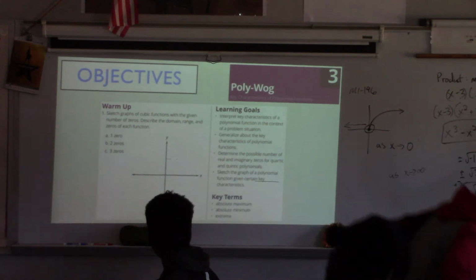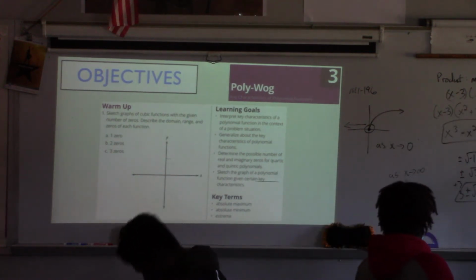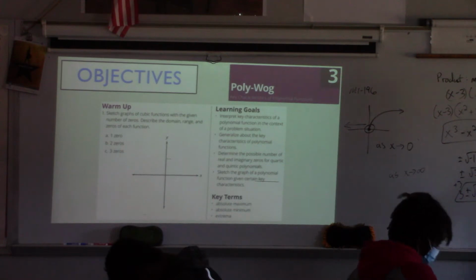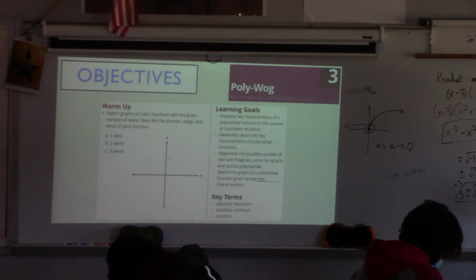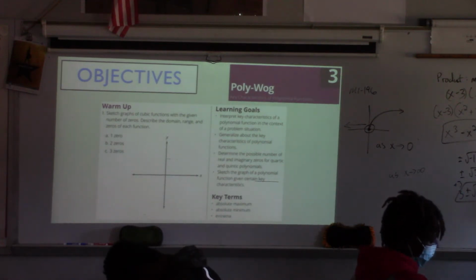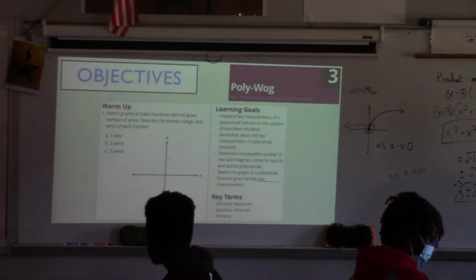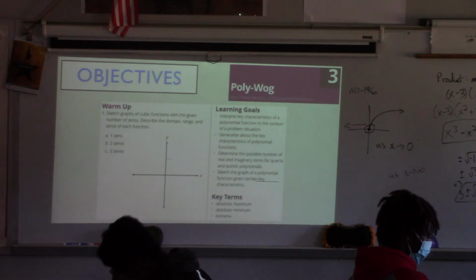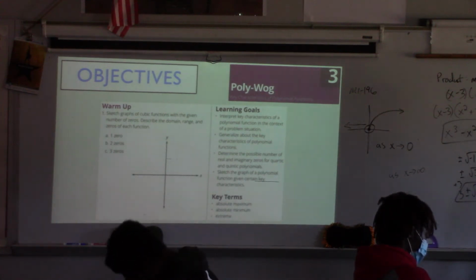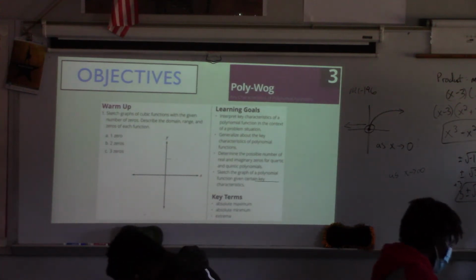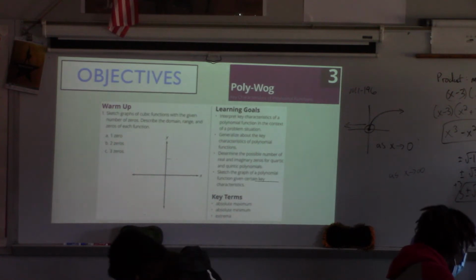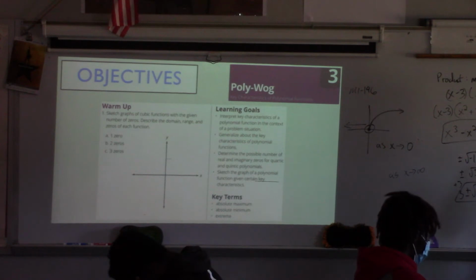Degree, roots, which are also called zeros, which if it's on the x-axis, we would call it an x-intercept, right? So we want to talk about the degree, x-intercepts, multiplicity of those roots. What else? Maximum, minimum, domain and range for sure.